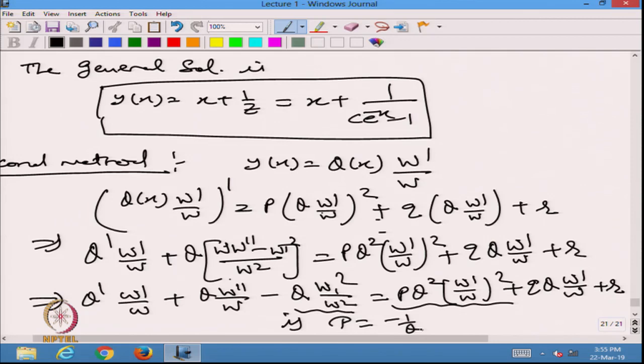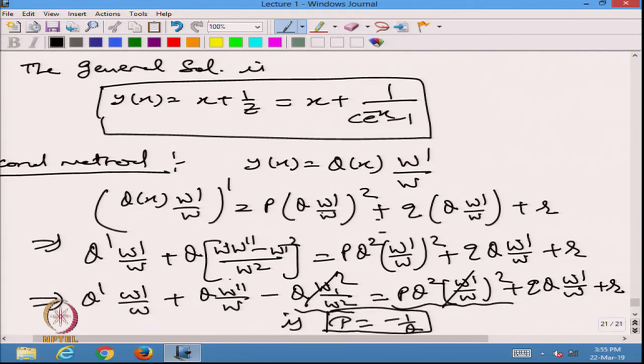If I put P = −1/Q in this factor, then this and this will cancel out. So, I have a relation between P and Q.